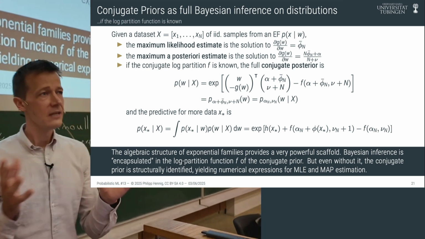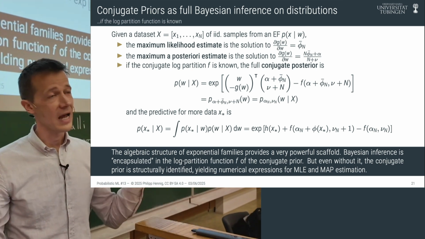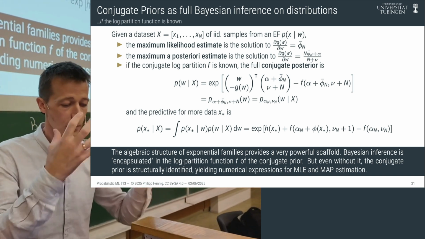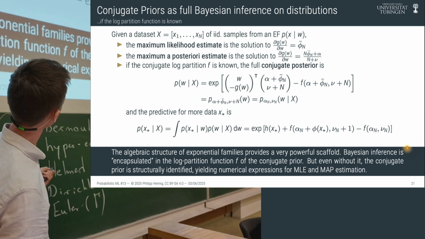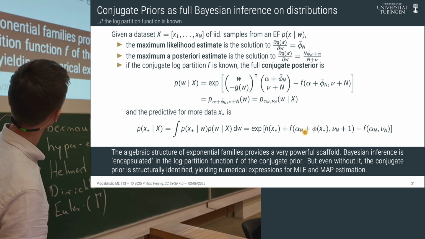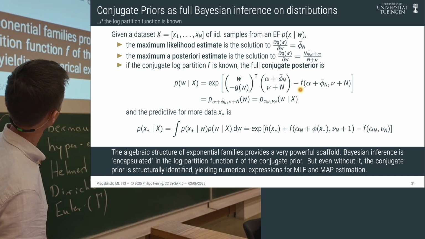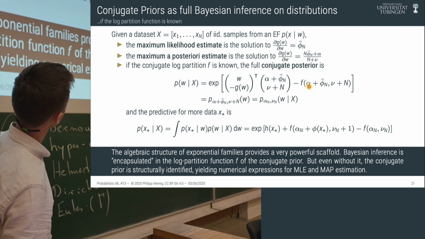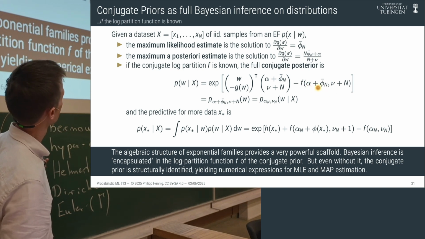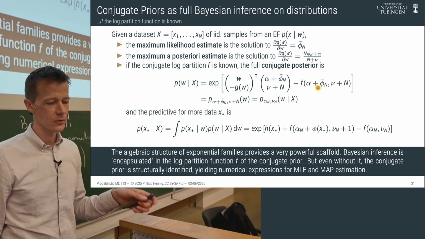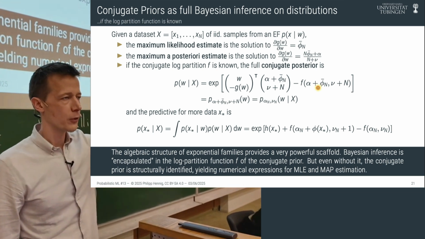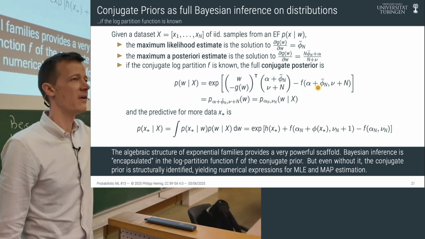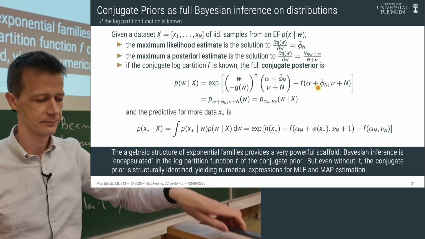And even better, when I say I can do it, the actual computation on a Turing machine is to evaluate this function f, the log normalization constant of the conjugate prior, at a point that is equal to the original parameters plus the sufficient statistics of the data set. So the only thing I need to be able to do is compute the sufficient statistics of the data set, add them to a floating point number or a set of floating point numbers, and then evaluate another hopefully computable function f.